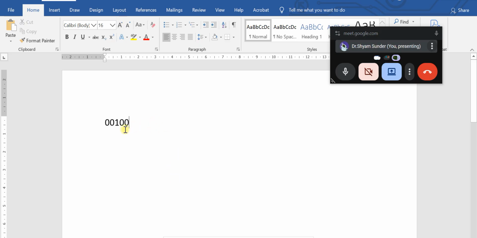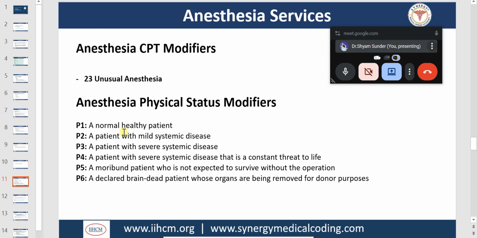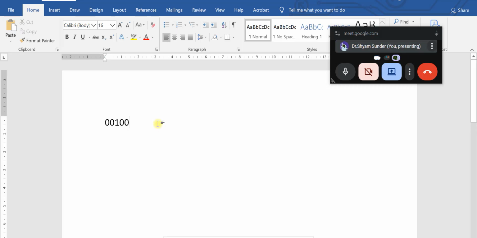You code it. Your code is 00100. And you have different patients based on their health condition, right? So if a patient is healthy, that is P1.